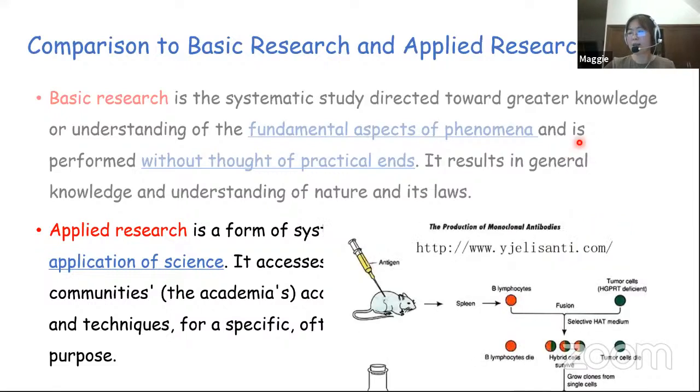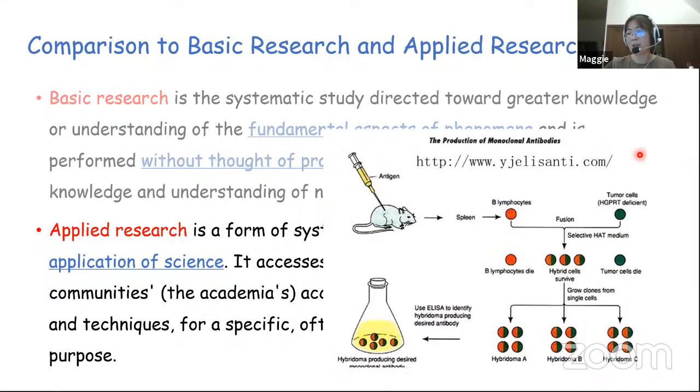Here shows an example. This is the production of monoclonal antibodies. Have you ever heard of monoclonal antibodies before? I think most of you know about antibodies, right? When you immunize an animal with an antigen, the animal will respond to the antigen and produce antibodies. Usually the organ in our body that produces antibodies is the spleen.